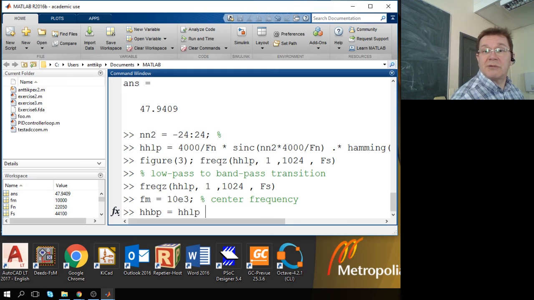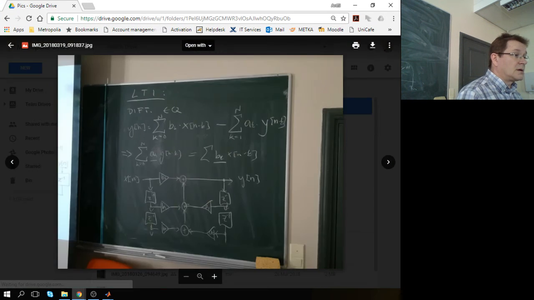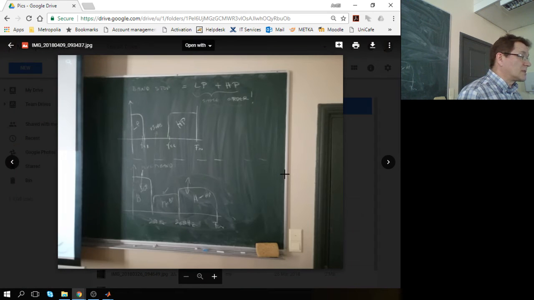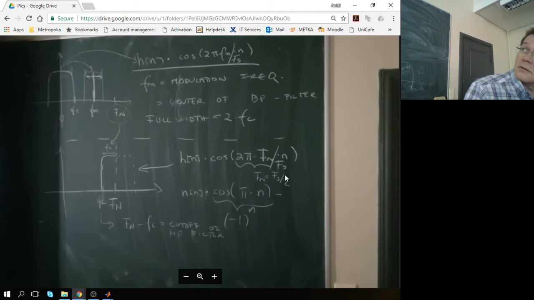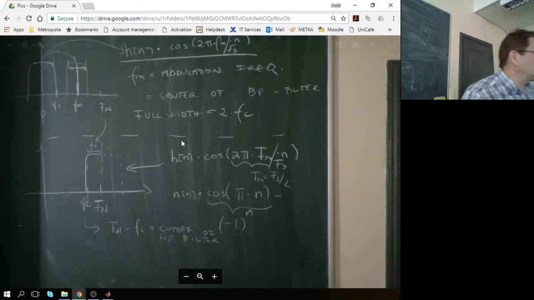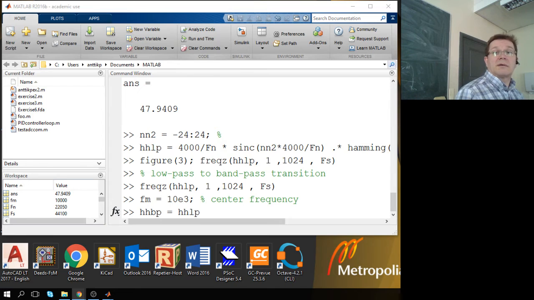what we will do, we will modulate. So, okay, not that one. There. Doesn't show up too well, but anyway, so we are modulating with a cosine function. Why cosine?